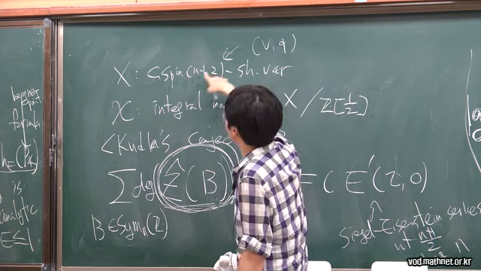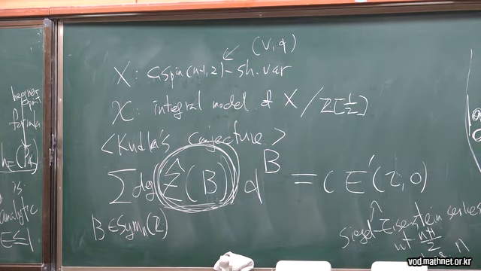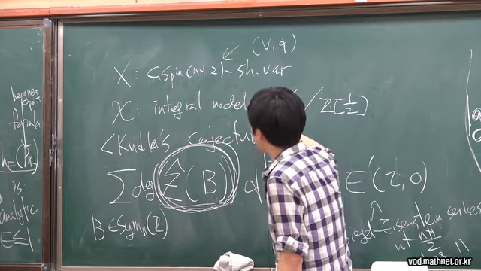The signature of this is n-1 and 2. Then we have the Siegel-Weil formula, which gives a relation between the orthogonal representation of orthogonal groups and of symplectic groups. So this is a way to make a connection.